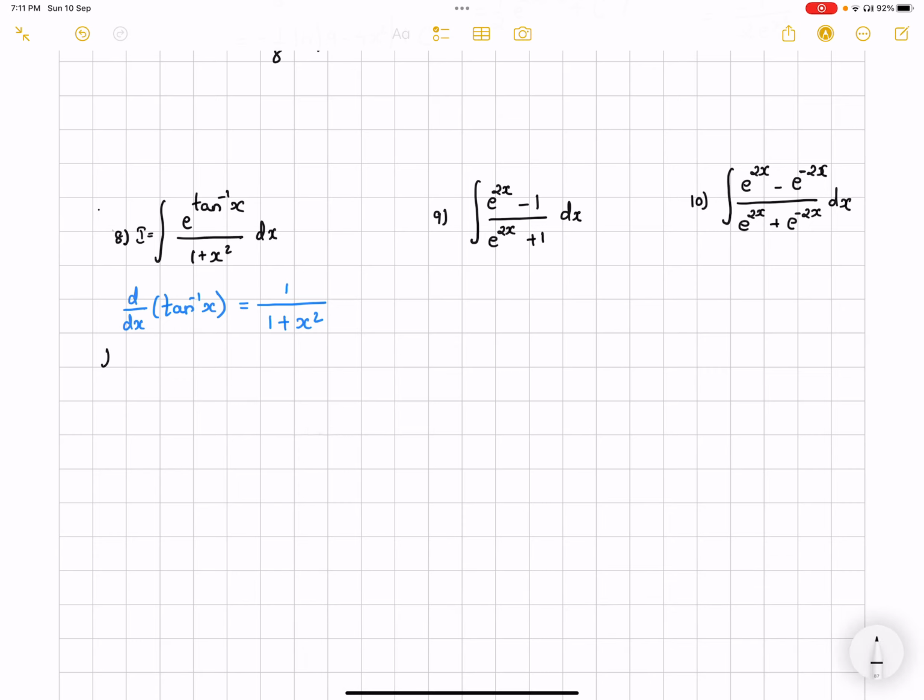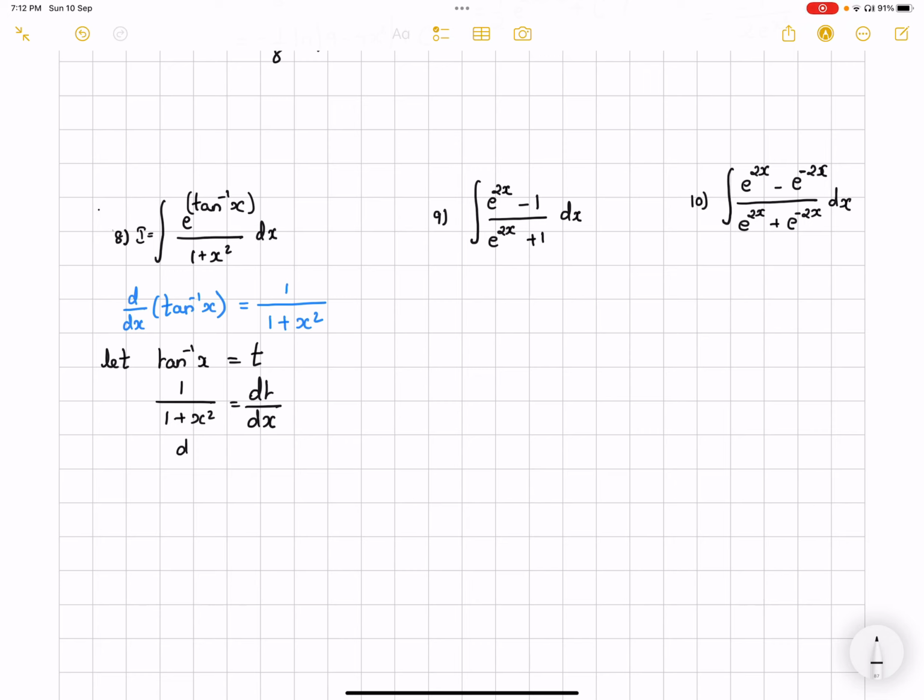Now here, which one do I need to consider? Let tan inverse x be t. The one which is inside the composition of a function, the inside function alone I'm taking and considering it as t. Then 1 by 1 plus x square is equal to dt divided by dx when I differentiate with respect to x.